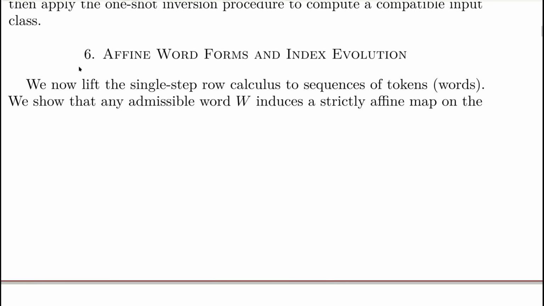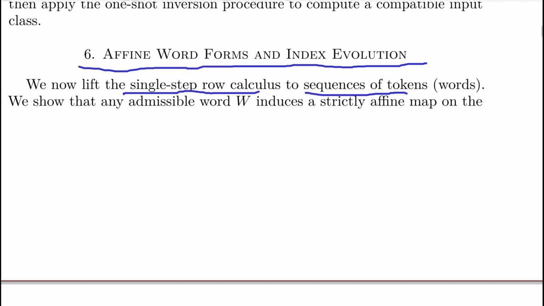Okay, so let's look at the first section that we're looking at in part 2, which is affine word forms and index evolution. So we now lift the single-step row calculus to sequences of tokens, what we call words.